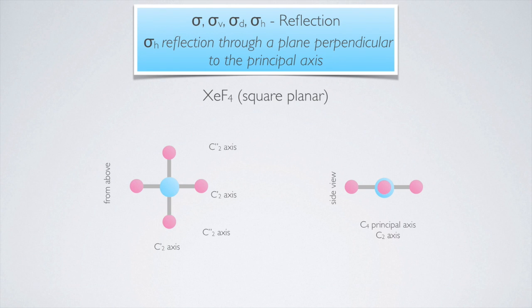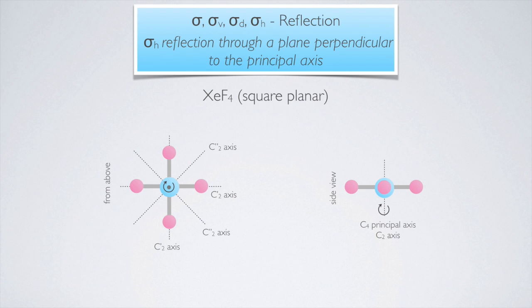Again, moving on, let's look at a sigma H. That's a mirror plane perpendicular to the principal axis. An example of that would be xenon tetrafluoride, which is square planar.